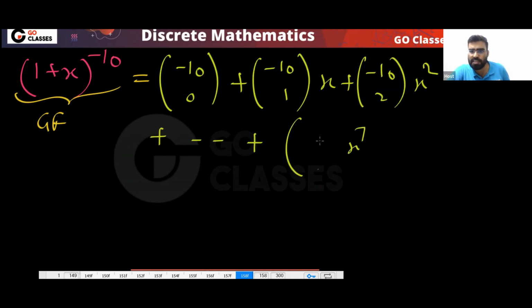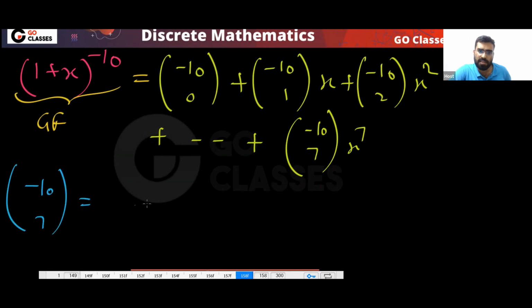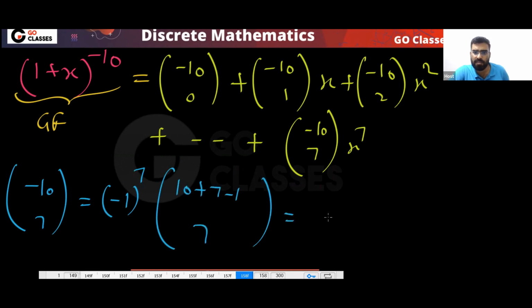You want x power 7, so that will be minus 10c7. Now minus 10c7 you can also write as minus 1 power 7 times 10 plus 7 minus 1 choose 7, so you can also write it as minus 16c7. Yes or no?